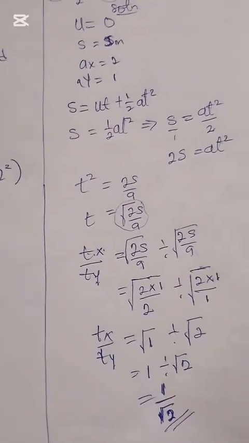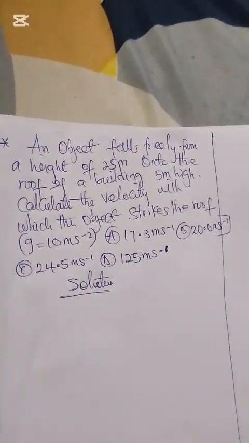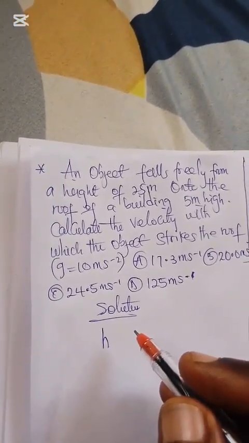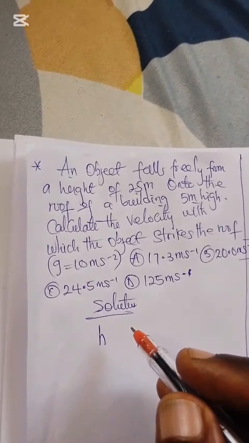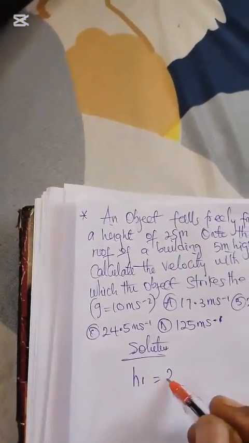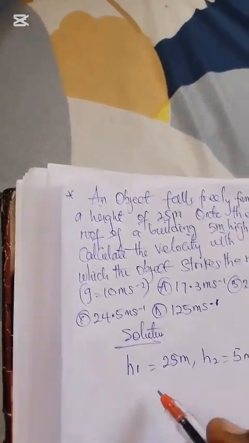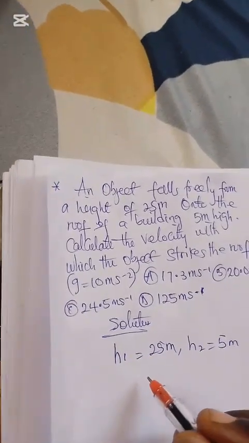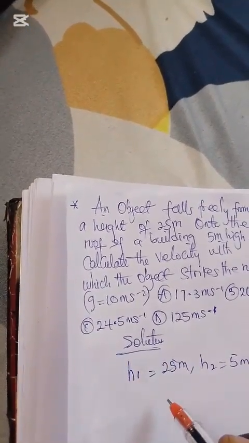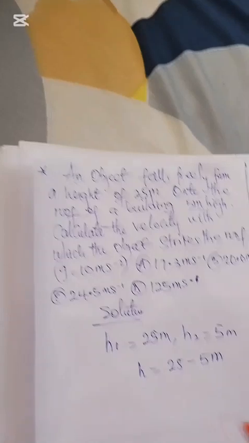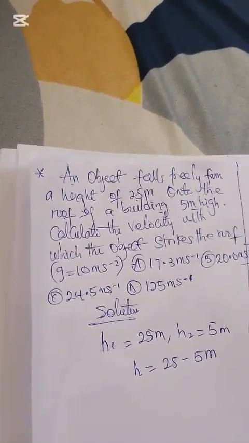I believe it's understood. Next question. The question says an object falls freely from a height of 25 meter onto the roof of a building.